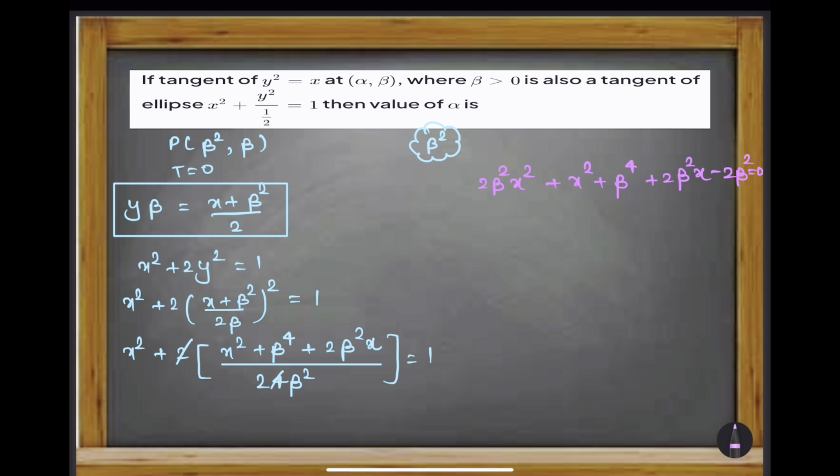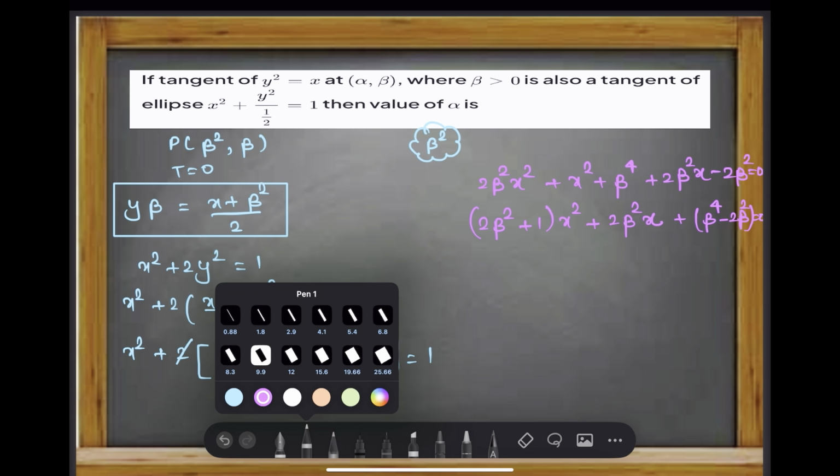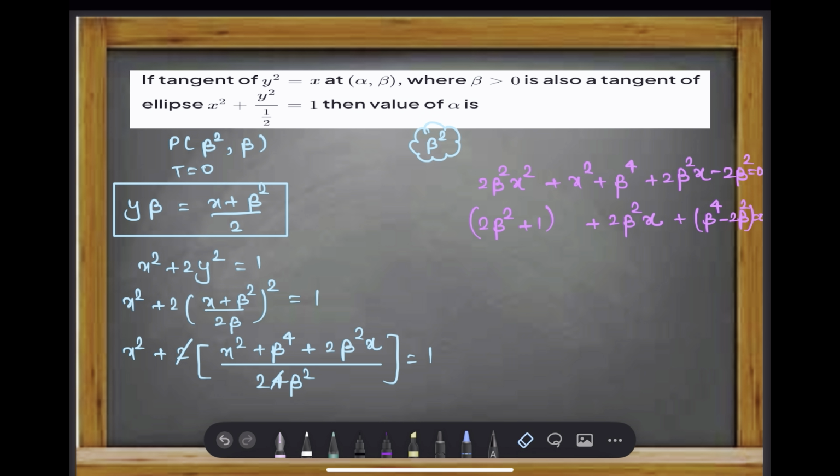Now you know that it will have one common point. So can I create a quadratic in x? So (2 beta square plus 1) x square plus 2 beta square x plus beta power 4 minus 2 beta square equals 0. Now let's create the quadratic in x.